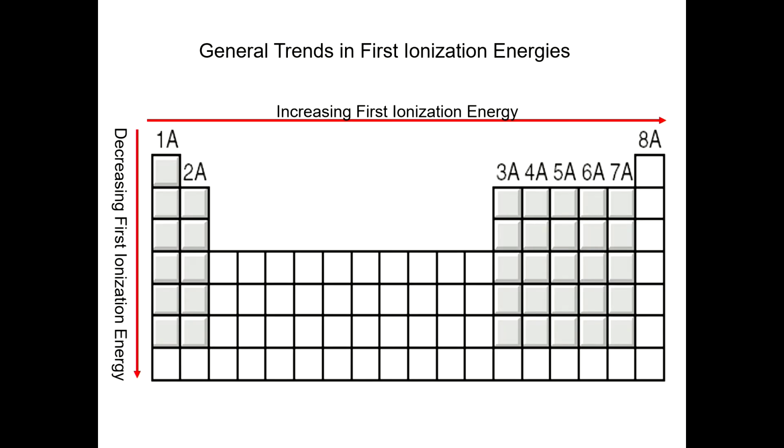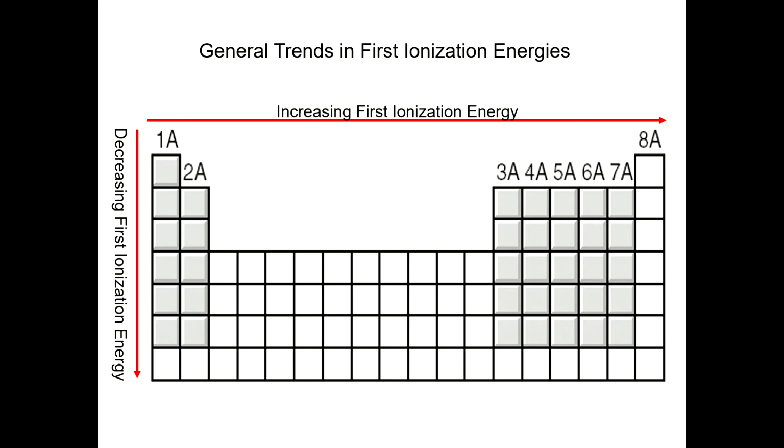So here we can see the ionization energy from left to right increases because their size decreases. From up to down it decreases because their size increases. So the trend between the energy and the size is opposite.